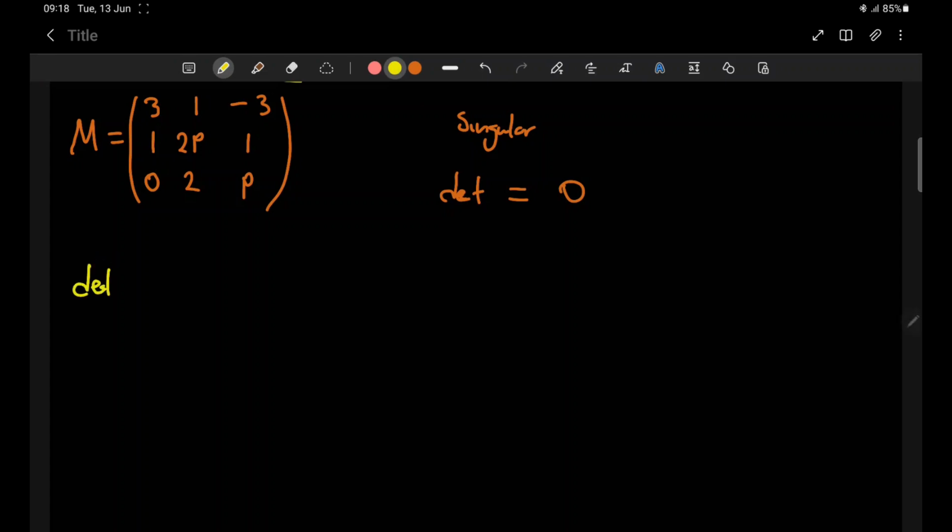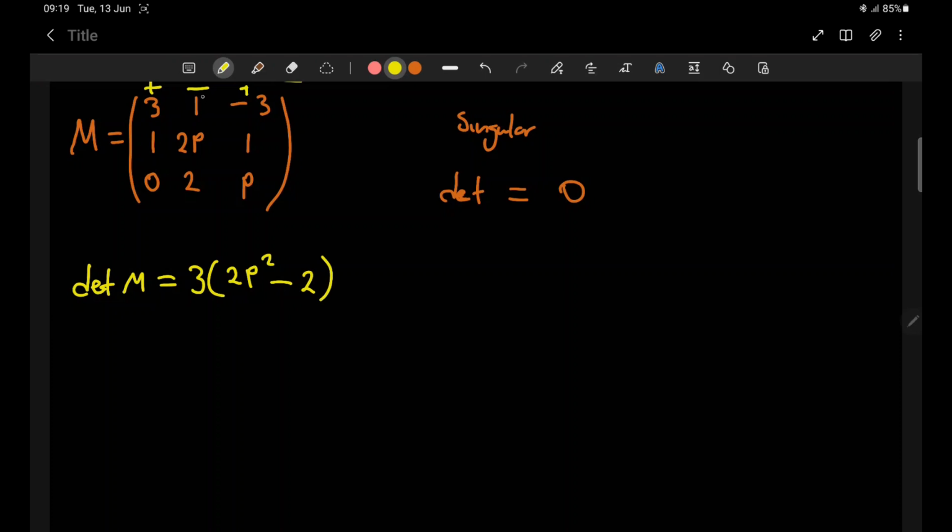So the determinant of matrix M will be equal to, starting at 3, if we eliminate this column and this row, we'll have 2p multiplying with p. Having 3 outside like that, 2p by p will give 2p squared, then we subtract 2 multiplying with 1, that will be 2.